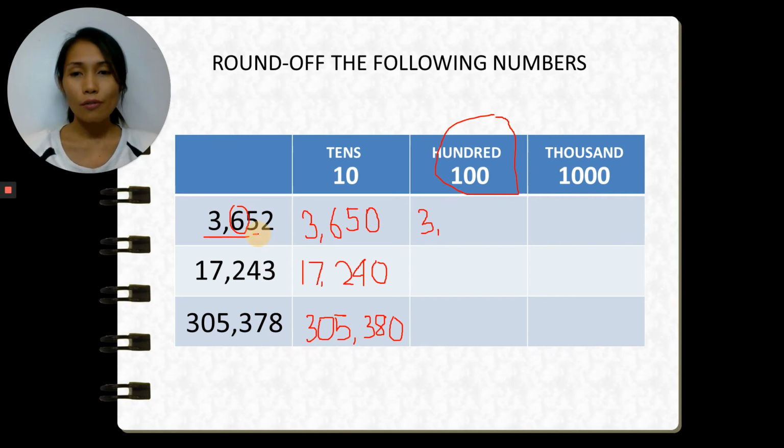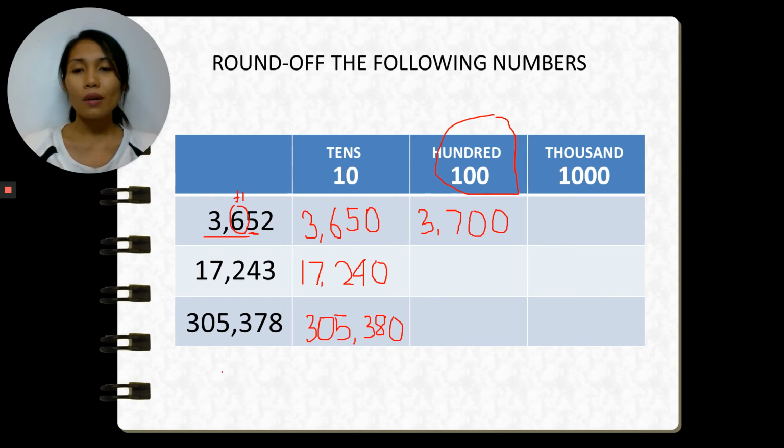The next digit is 5, so we will add 1 because we have to round up if the next digit is 5 and above. So 6 becomes 7, and then make all the digits after the hundreds place 0.